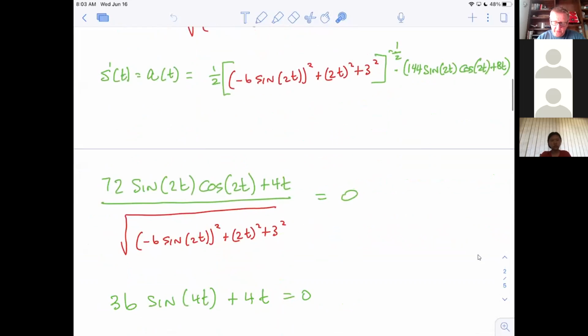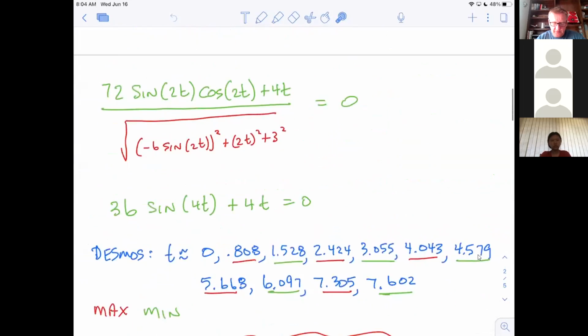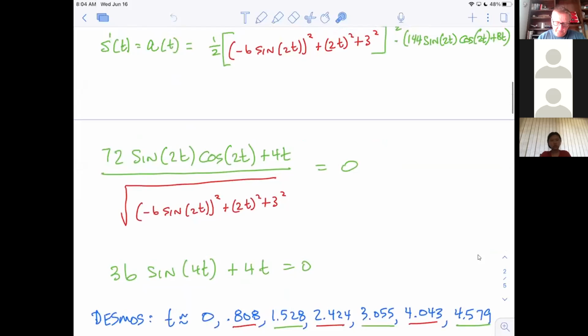And now this is all equal to 0. Well, that's really good news because the square root can just get multiplied by both sides. And so then we're left to solve this equation right here. That's kind of a wonderful equation because you can't solve it. I think that's really good for you guys to see at this stage of math. Since there's a sine of 4t and a 4t, those two worlds, the sort of linear and sine wave, you're not going to solve that.